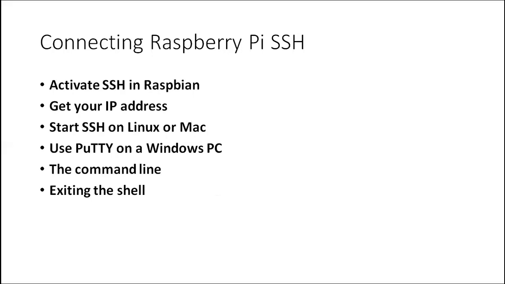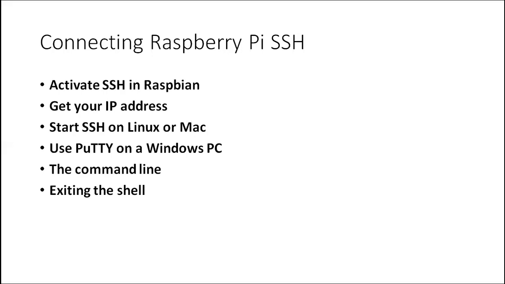If you go to that configuration window once again, there is one more option called SSH that you have to enable. That's the first step. Then you have to get the IP address of your Raspberry Pi by using the ifconfig command in the terminal, which will give the IP address of your Raspberry Pi.